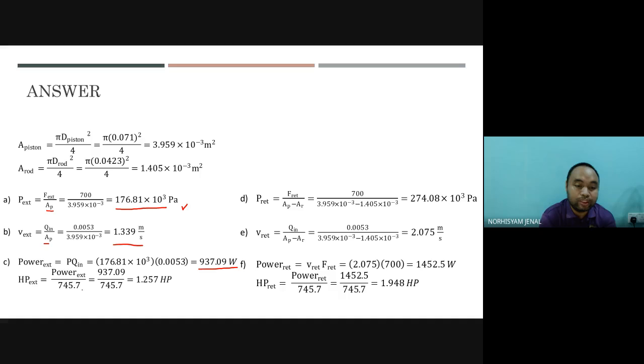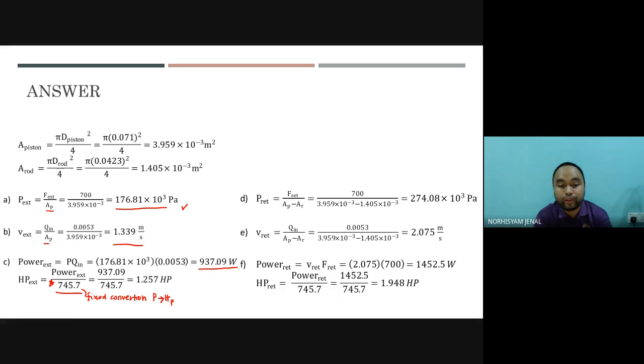Okay, so this is the number that you need to remember or note down. So each time we ask you about horsepower, your power is divided by this number. This is fixed. Fixed conversion from power to horsepower.